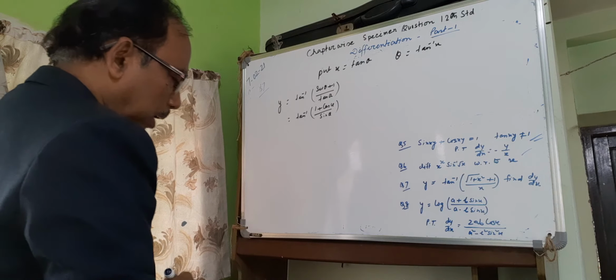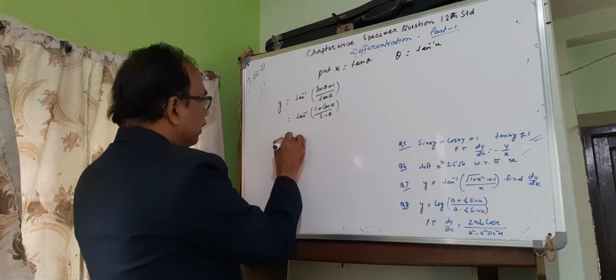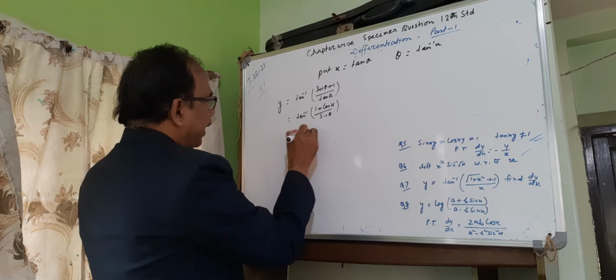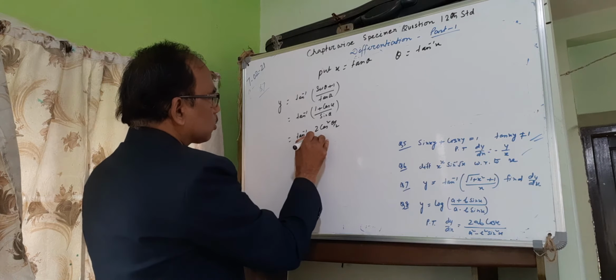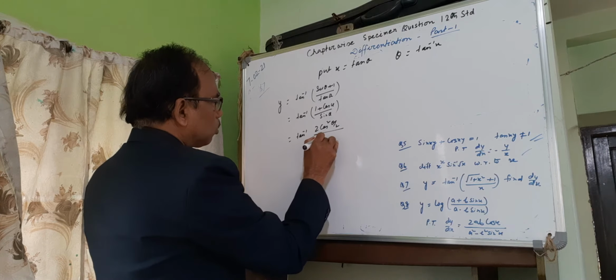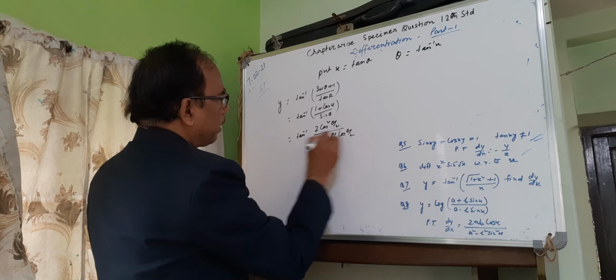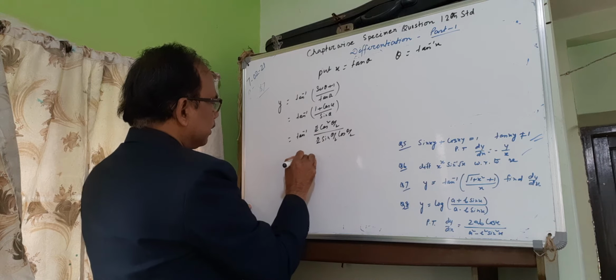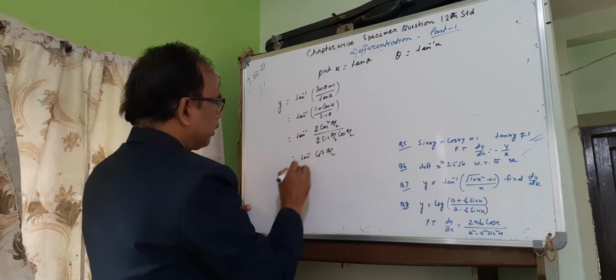1 minus cos theta by sin theta. 1 minus cos theta is 2 sin square theta by 2, and sin theta is 2 sin theta by 2 cos theta by 2. That is tan inverse tan theta by 2.